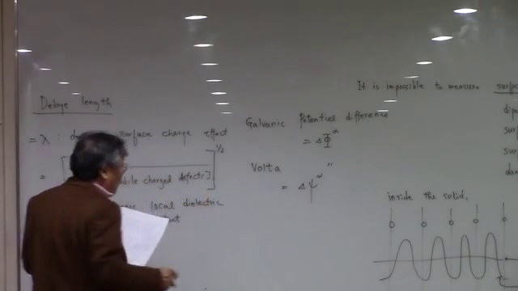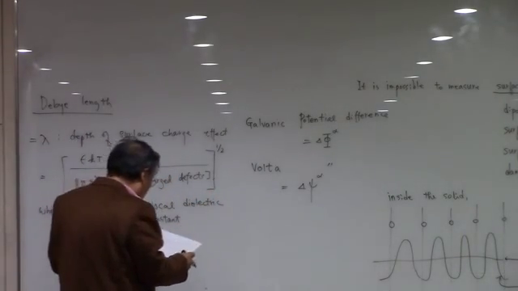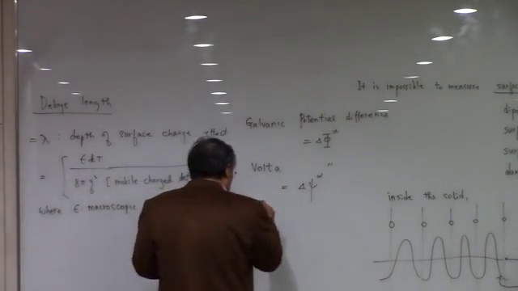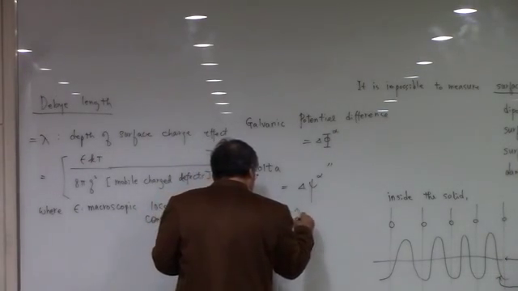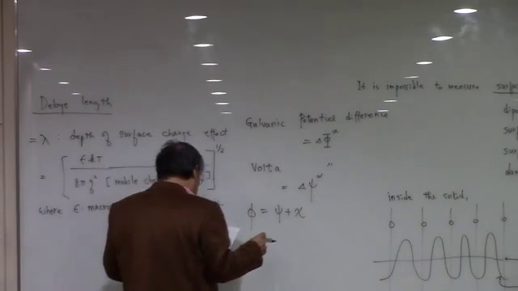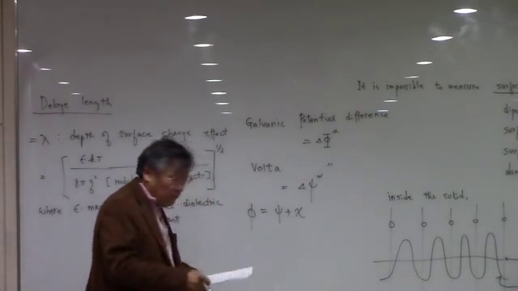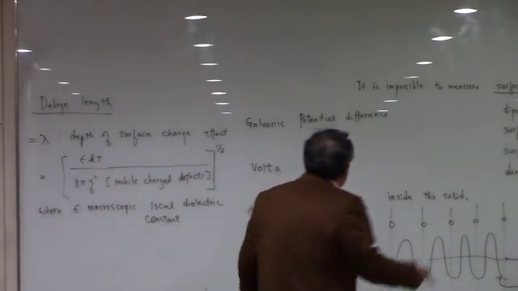And psi and phi are defined in the former figures, okay? And the phi is going to be psi plus chi. That has been shown in the former figures.